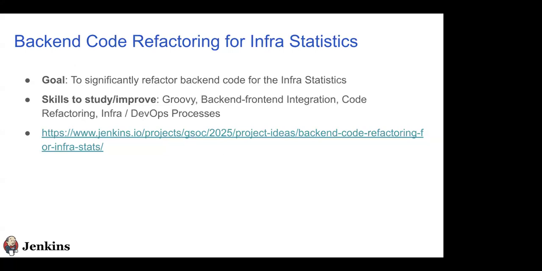This is mostly for the infra.jenkins.io website, because last year we were able to come up with a website to display infra statistics data, but in the process of working through the project, we found a lot of deficiencies, a lot of outdated code, or not-so-modern practice in the way the backend handles the data processing part.